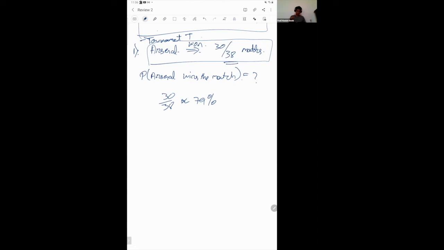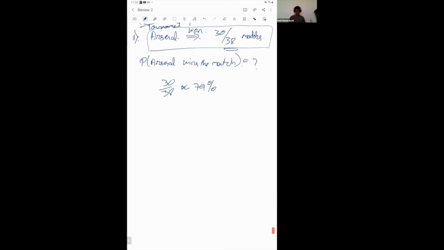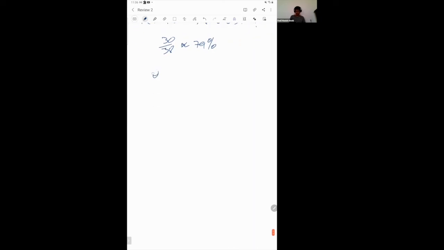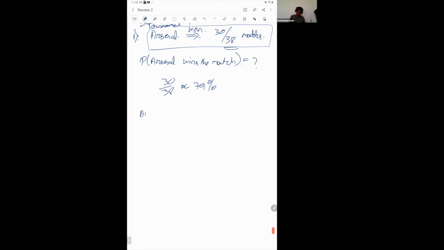Formally, there are just two outcomes, so we would define a binomial distribution with n and p. P is the probability of Arsenal winning the match.